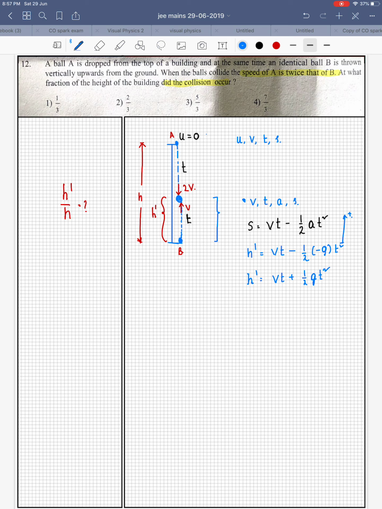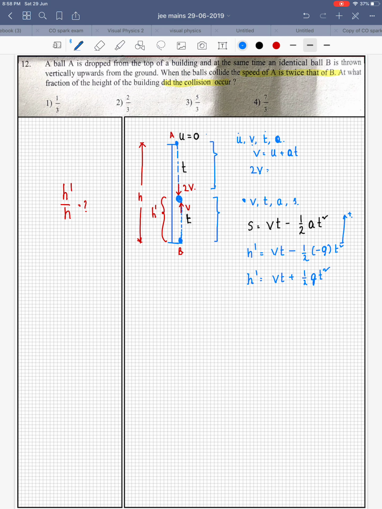This is one thing I got. So how do I find the relationship between v and t? Maybe I will make use of this interval. You want a relation between v and t, u is anyway 0. Let me use a because it's a known quantity. So final velocity v equals u plus at. This is my go-to formula.